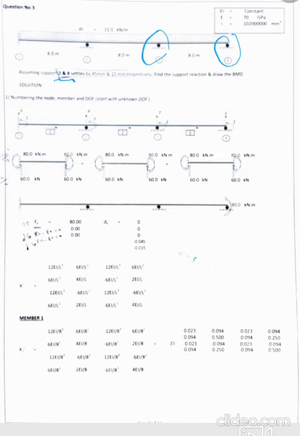So first of all, give the global system, starting with the parts that can move. Here we start with the moment first and then force. So moment number 1, moment number 2, moment number 3, and the force is up to you.